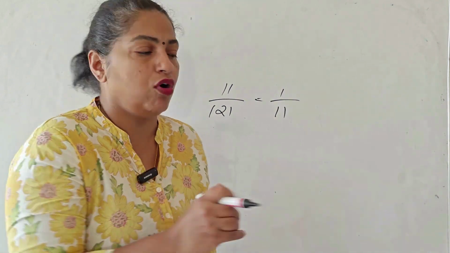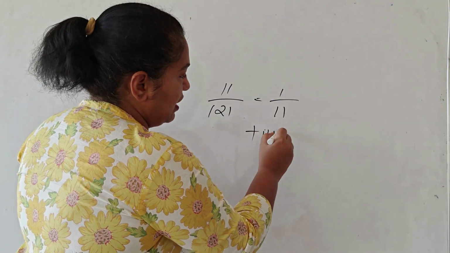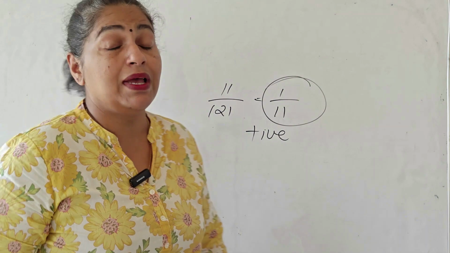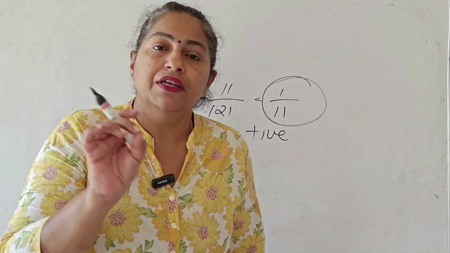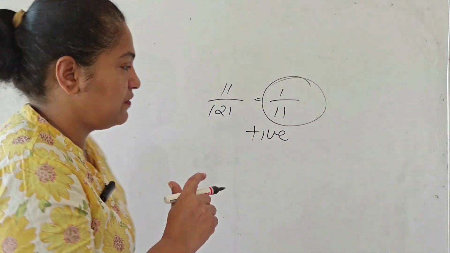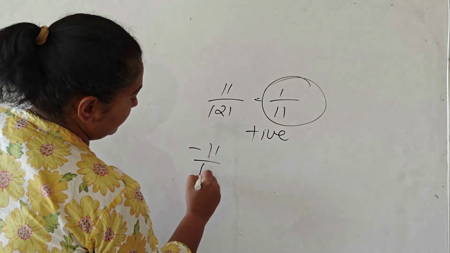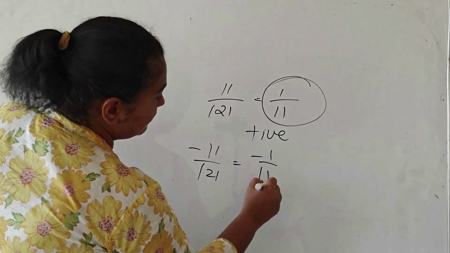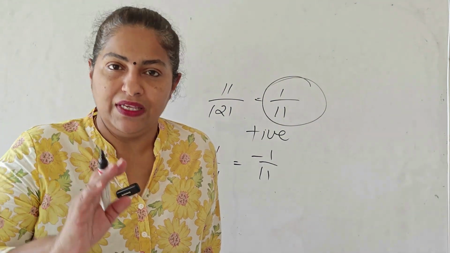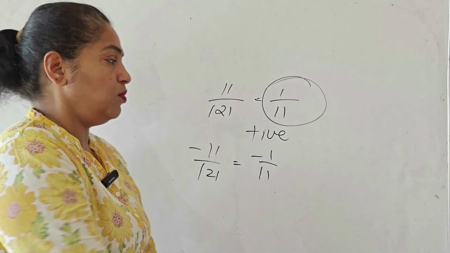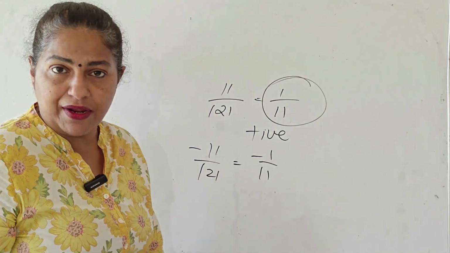In the case of positive rational numbers, the lowest form and the standard form are the same. Right? Now, what happens with negative numbers? This is the lowest form. Is this the standard form? Yes, this is the standard form for this particular rational number.